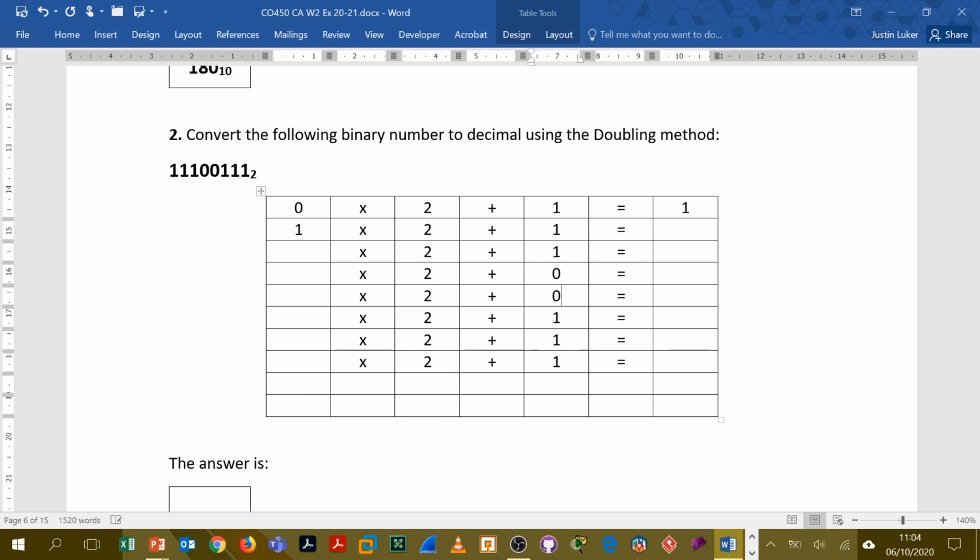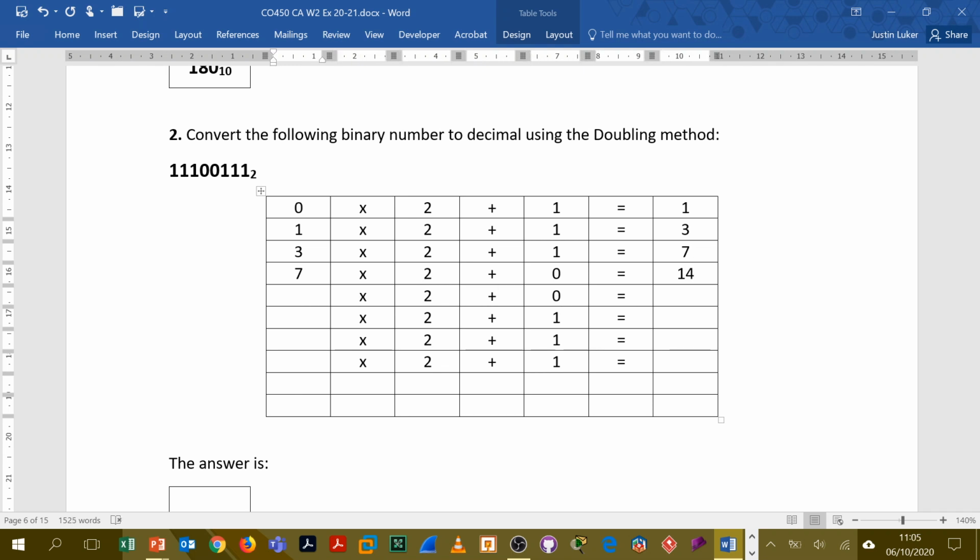So I've just written that number out that way. So 1 times 2 is 2, plus 1 is going to give us 3. Bring that down. So 3 times 2, 6 plus 1 is 7. Bring that down. 7 times 2 is 14. 0 remains 14.